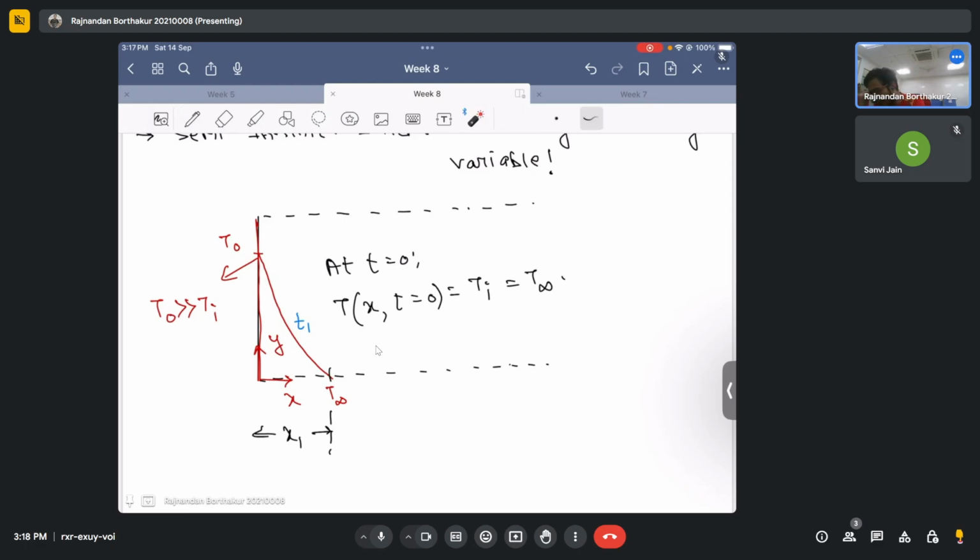It means that up to time t1, the message that there is a prescribed temperature on one of its faces has propagated to a distance x1, and after x1 it still does not know that there is a disturbance being imparted to one of its faces.